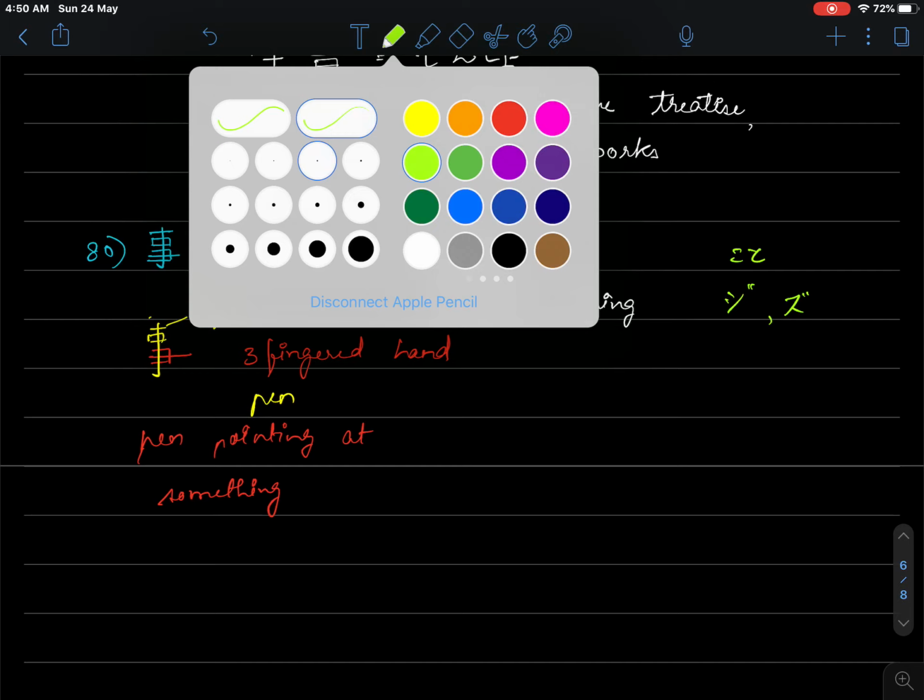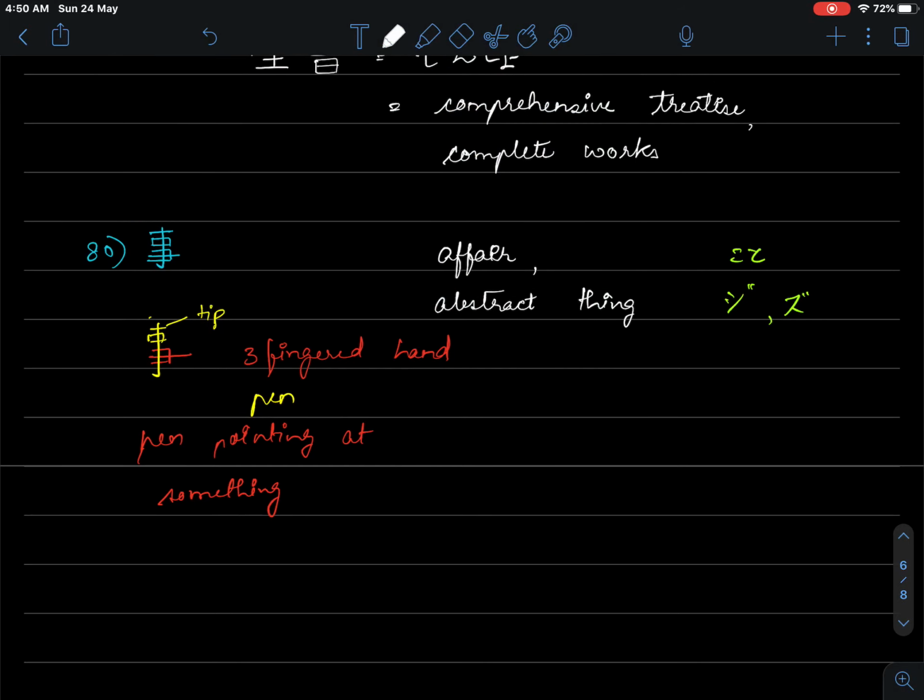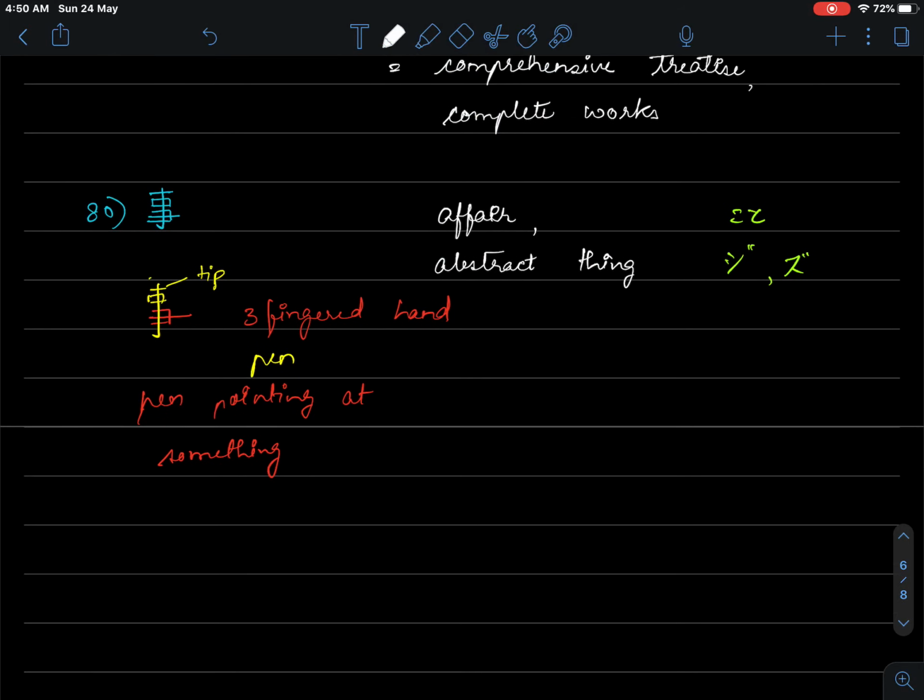Now let's have a look at some words for it. Okay, let me just rewrite that a bit. Could have been better, but this will be read as kaji.